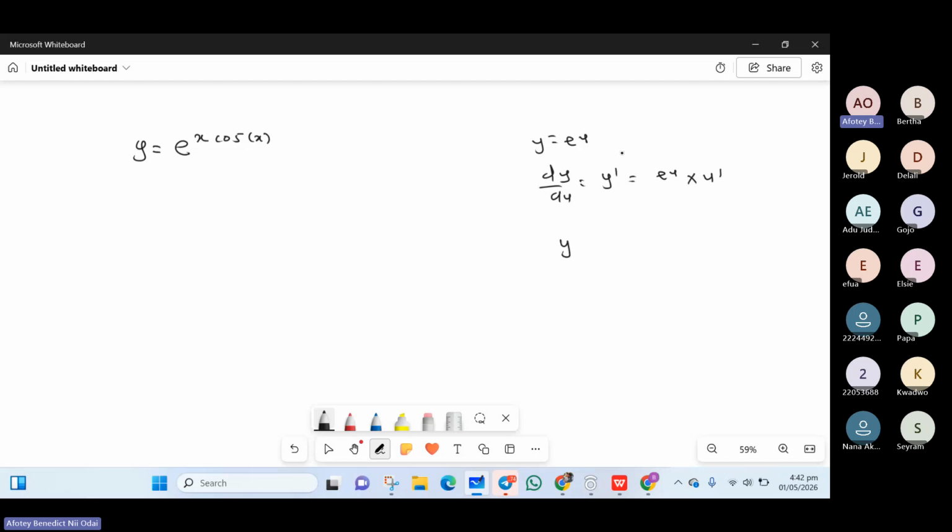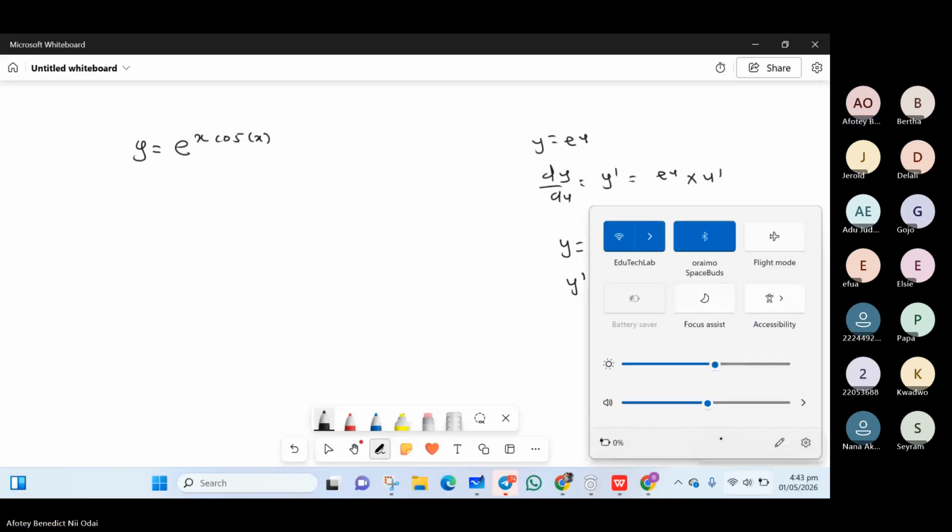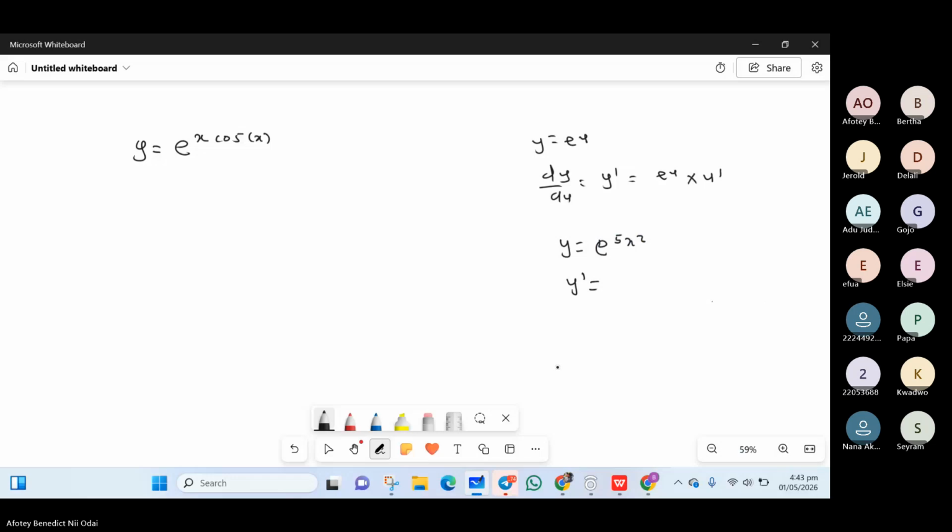So if you have y equal to e to the power 5x squared, y prime will be equal to the differential of 5x squared, which is 10x, times e to the 5x squared.